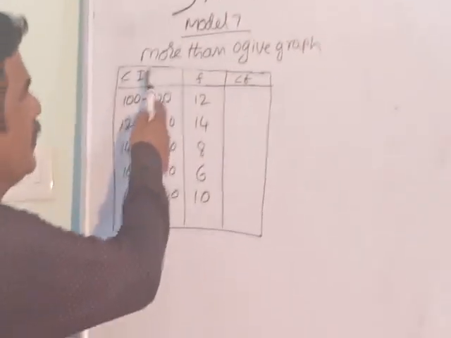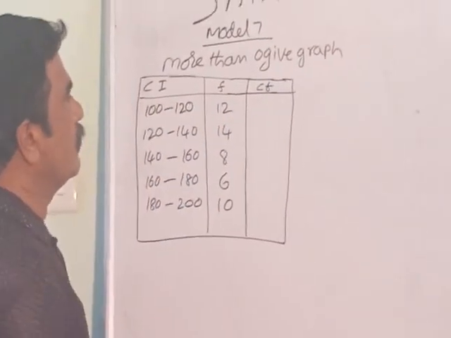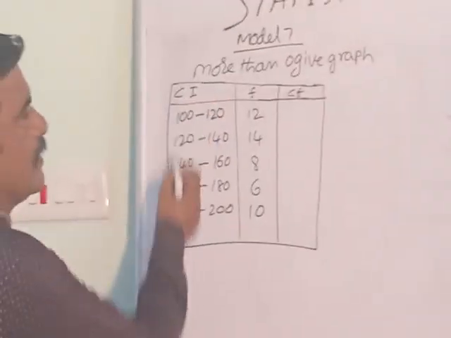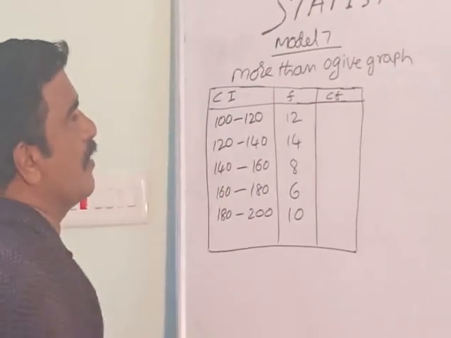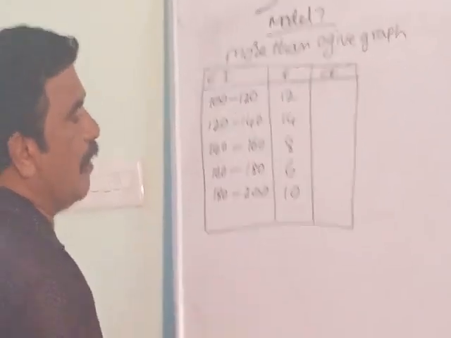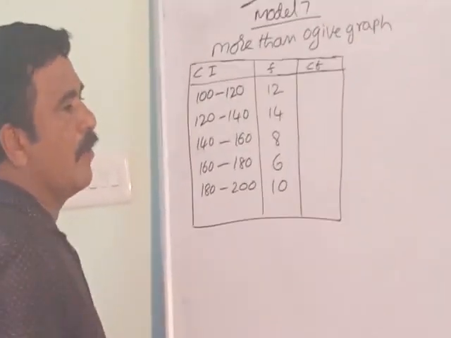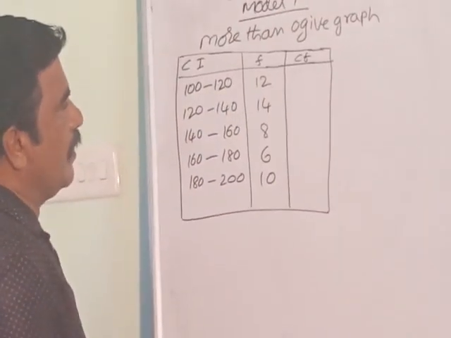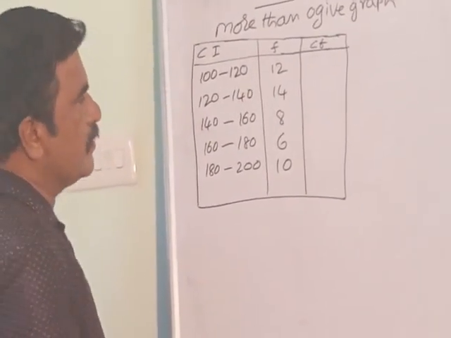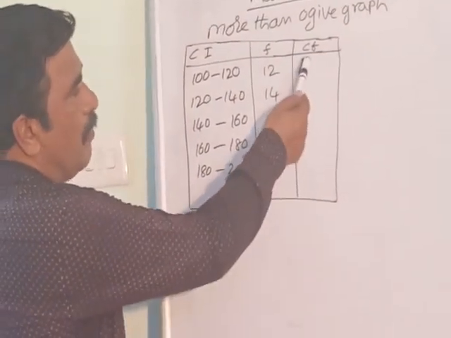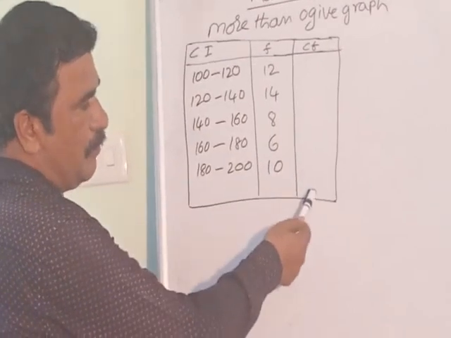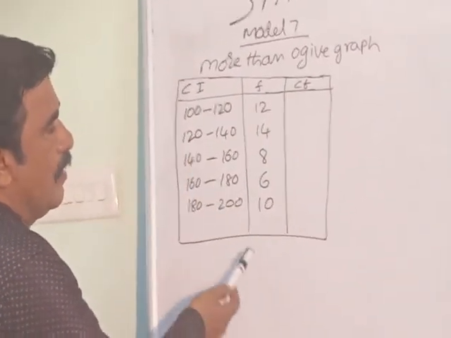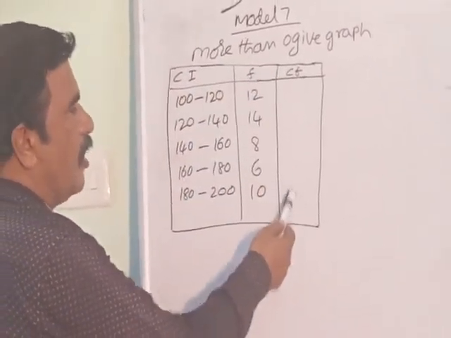The second type is the more than ogive curve. The previous one is less than ogive, this is more than ogive. The same problem we are doing for the more than ogive curve. See, the difference is, previously we found cumulative frequency from top to bottom for less than. For more than, it is found from bottom to top.